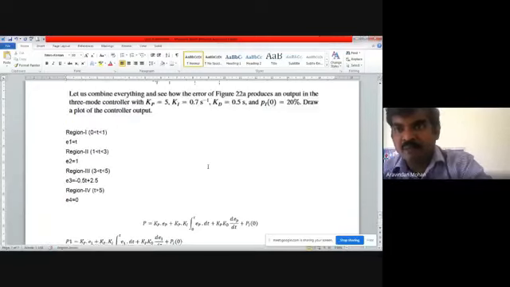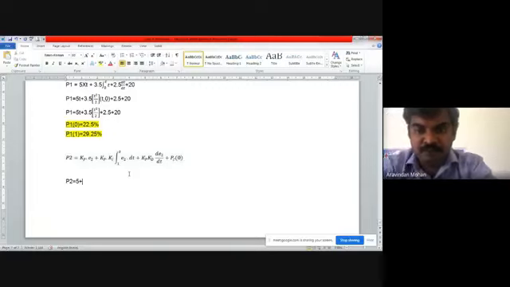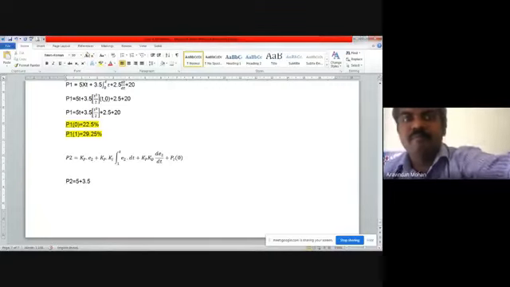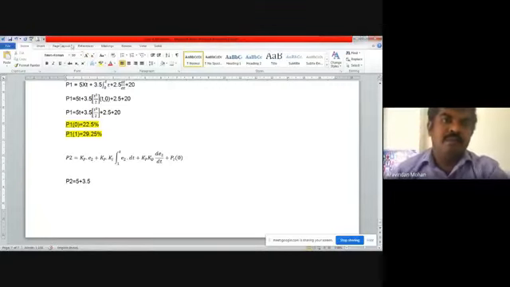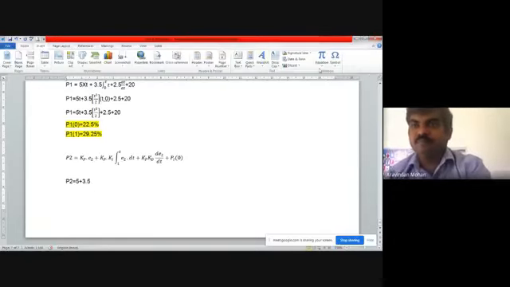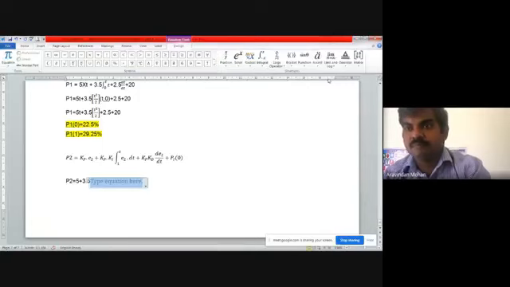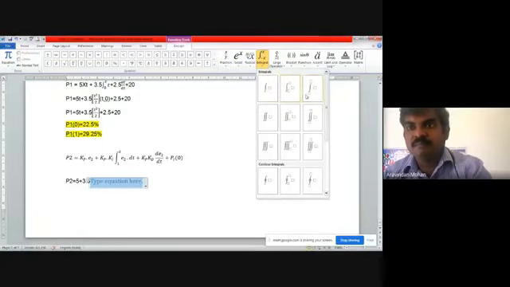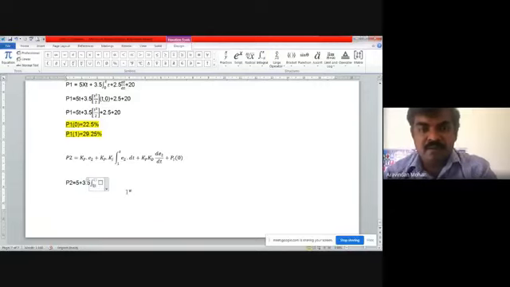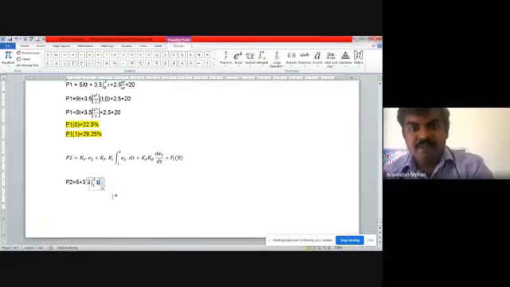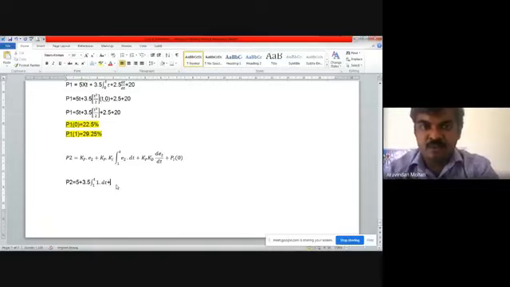What is Kp into Ki value? Kp is 5, Ki is 0.7, so it becomes 3.5. 3.5 integral from 1 to t, here E2 value is 1 into dt, plus what is your Kp into Kd?